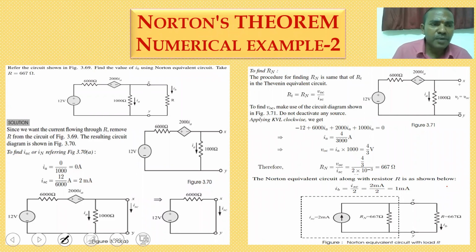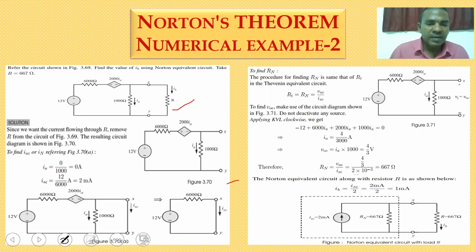In this problem, we have to find the current value IB, and the load resistance is 667 ohms, using Norton's equivalent circuit. Here the load is open circuited as shown in figure 3.70.